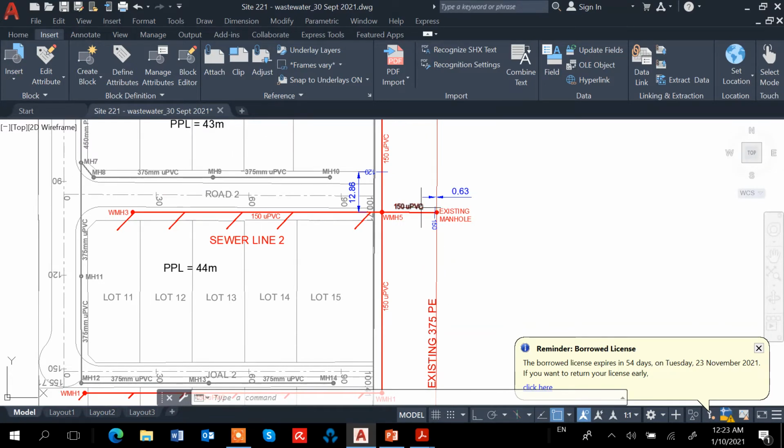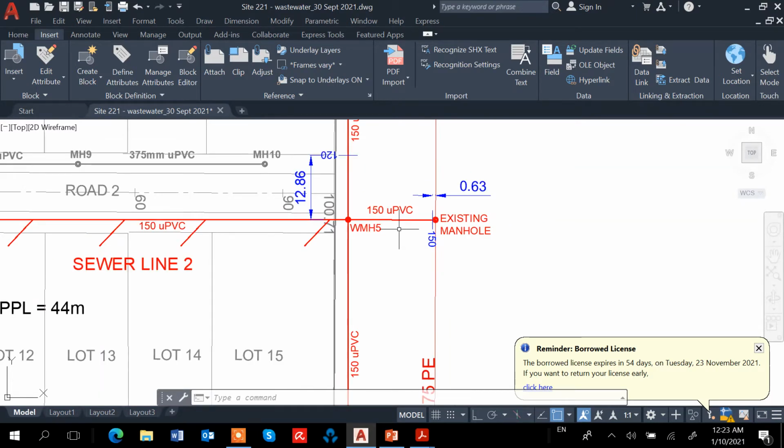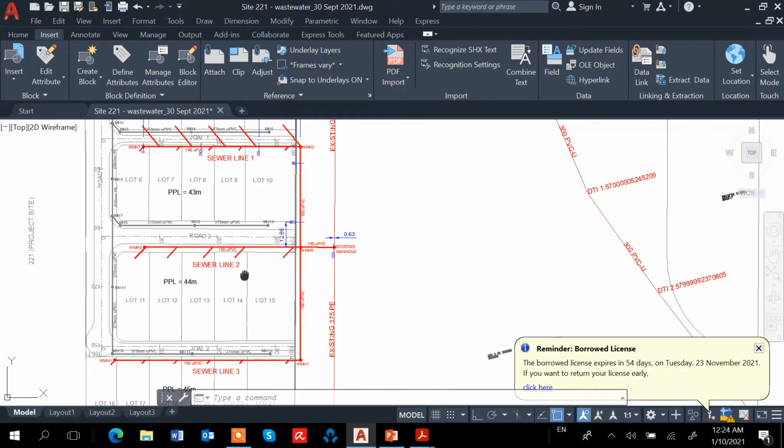So that is the flow that we're going to have along this line here between WMH5 and the existing manhole. So yeah, that's the average dry weather flow.